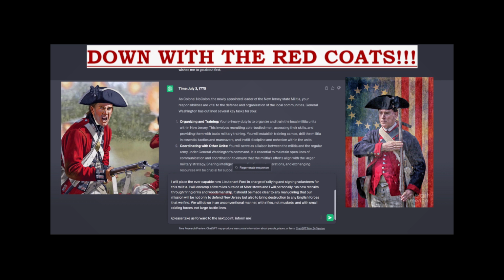How many men is Ford able to recruit? How does the meeting take? As to the meeting with the local leaders, I would like to roleplay this as Captain, Colonel No Colon.